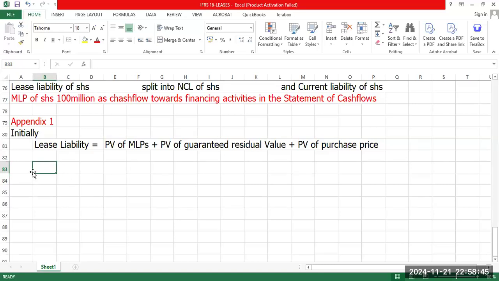So how do you get the minimum lease payment? I can put here the period, yes, then I put here minimum lease payment, then I put here discount factor.